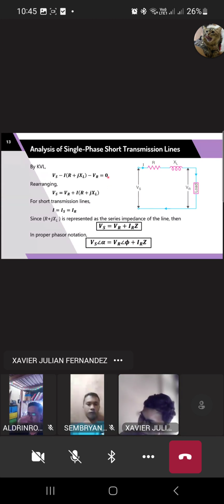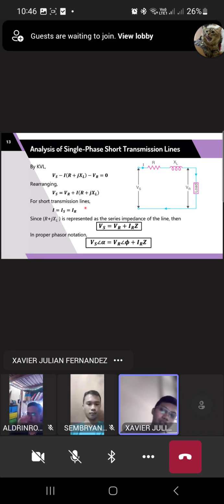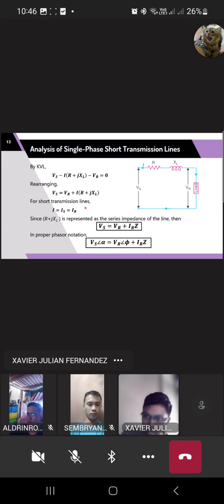Because the information presented to us for a transmission line will only include: 1, the length of the transmission line; 2, the frequency; 3, how many phases, single or 3 phase; 4, the transmission line parameters, R, L, C, or G if any; and the receiving end voltage.